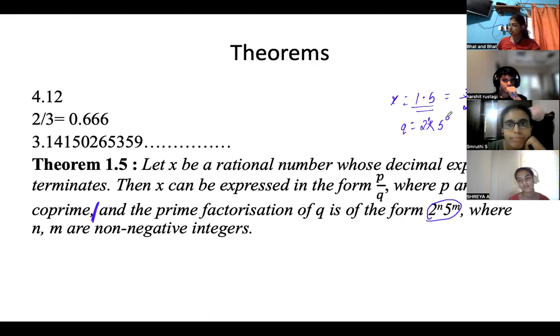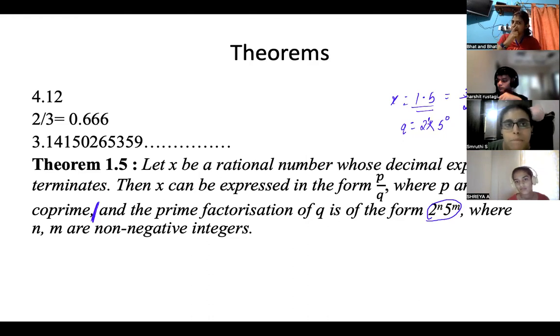How much is 5 raised to 0? It is 1. So can I write this expression as 3 divided by 2 raised to 1 into 5 raised to 0? The value does not change because we are multiplying by 1.